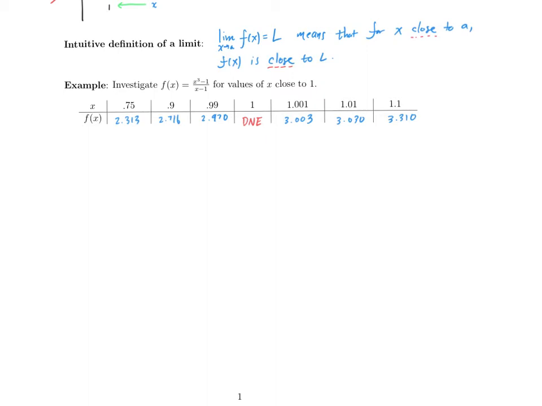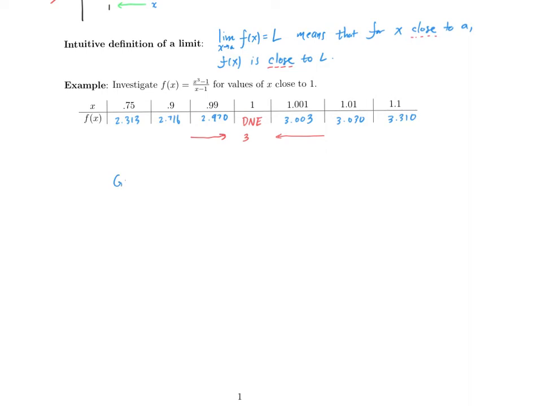And if we notice for inputs close to 1, what do those function outputs look like they're getting close to? It looks as though from the left-hand side they're approaching 3, and from the right-hand side they're approaching 3.